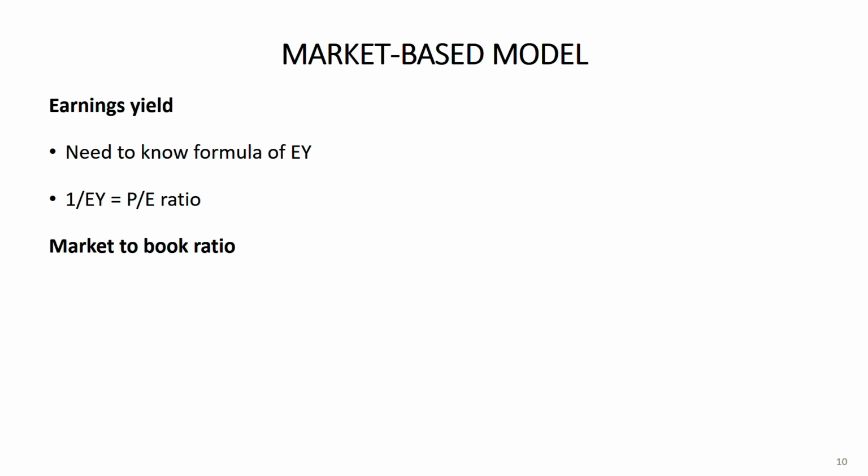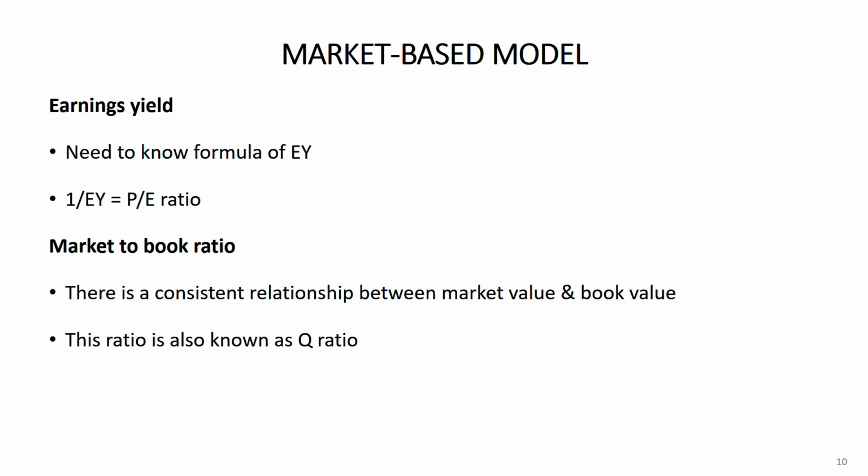Market to book ratio, this is the third method, and it's also an easy method. Not much is required under this method. First, you need to know these two things only under market to book ratio. This ratio is also known as the Q ratio, right? In the exam, they might not ask you for market to book, they might ask you to find the Q ratio.